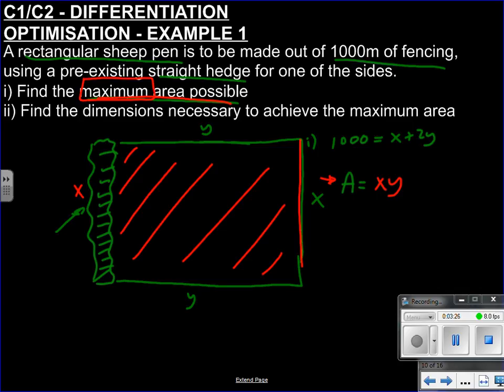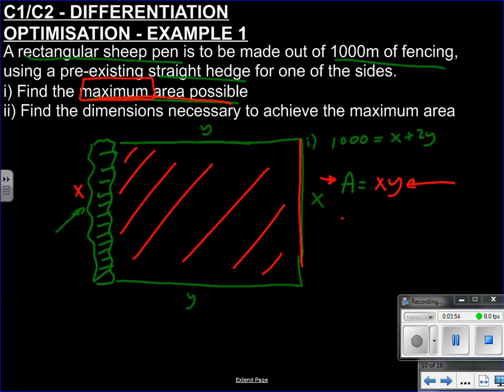Now it wants us to find the maximum area. You know from the previous video, to find maximums or minimums, well, that's turning points, isn't it? So we need to differentiate. As soon as you hear maximum or minimum, you're thinking turning points. How do I find turning points? Well, I differentiate, yeah? But the problem you have is, we have A equals x times y.